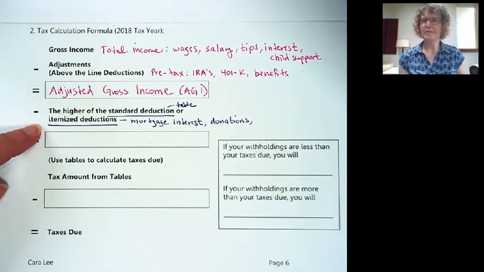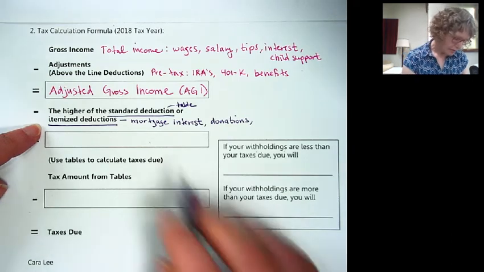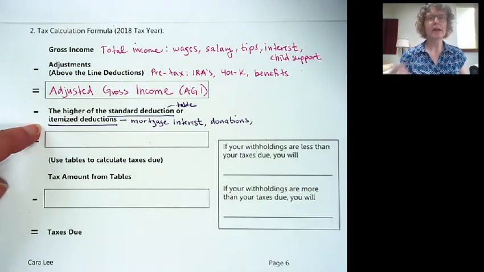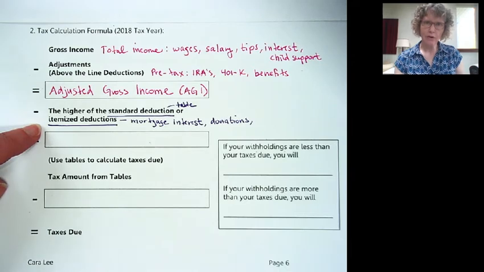There's a lot of deductions. These are some of the major ones. Also, if you have medical expenses that are above a certain amount, or work expenses, usually above a certain percentage of your income, then you can deduct those.